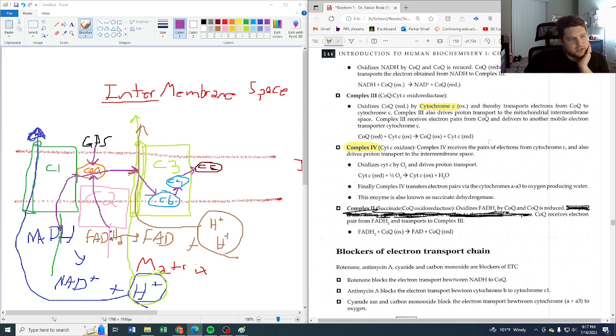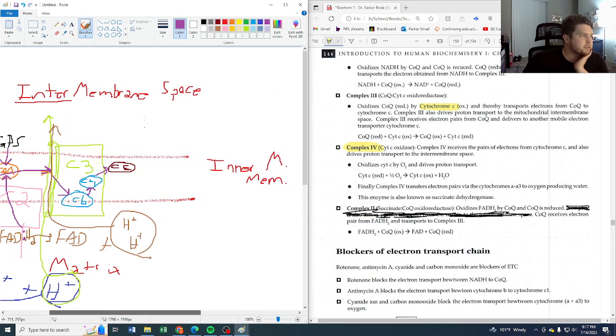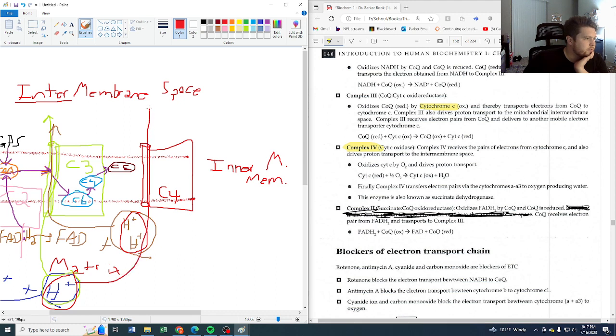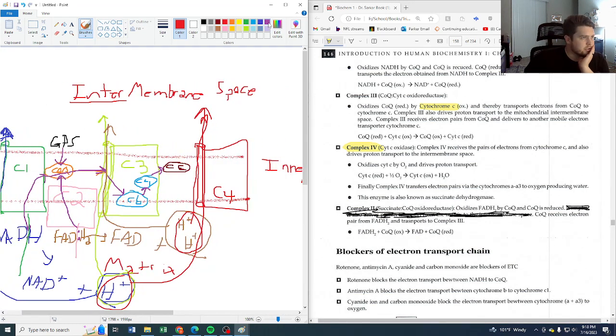Complex 4 receives the pair of electrons from cytochrome C and also drives proton transport to the intermembrane space. Complex 4 also driving these hydrogens, whatever the hydrogens there are, driving them up into the intermembrane space, using the energy from those electrons.